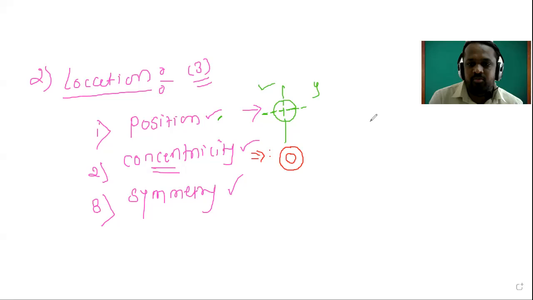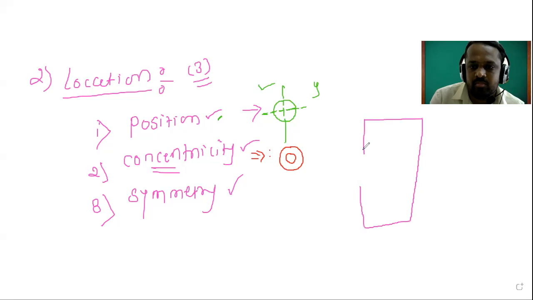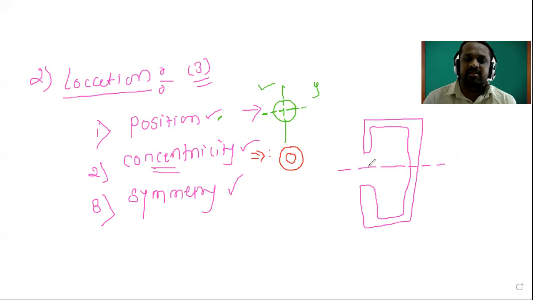Just I will draw one component like this. So that C channel I have drawn. If this distance and this distance are the same, equal, then we can call it a symmetrical component. Okay, it is called the symmetricity.